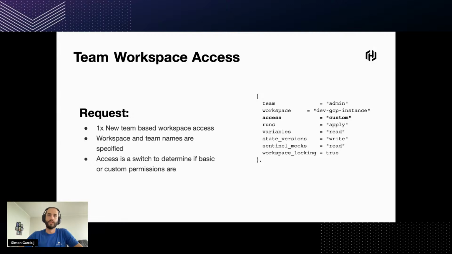Then we go into the Workspace Access. On the right side, again, I have a workspace access variable with its values. One of the things I look at is which team we're going to give access to which workspace. And on this one as well, I use the access, the highlighted value there, as a flag.